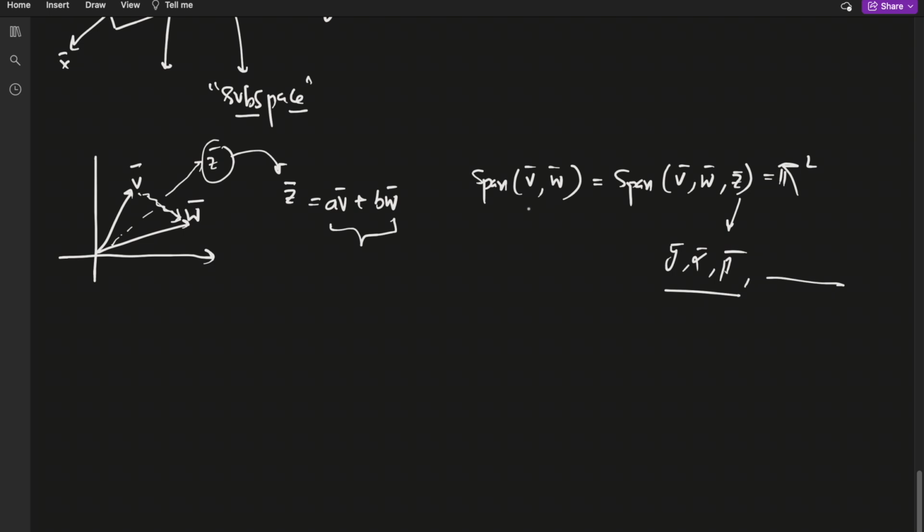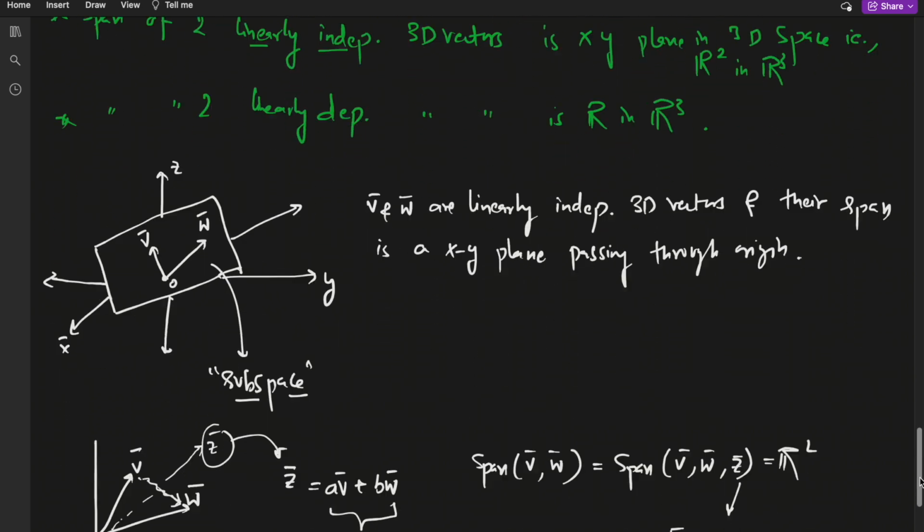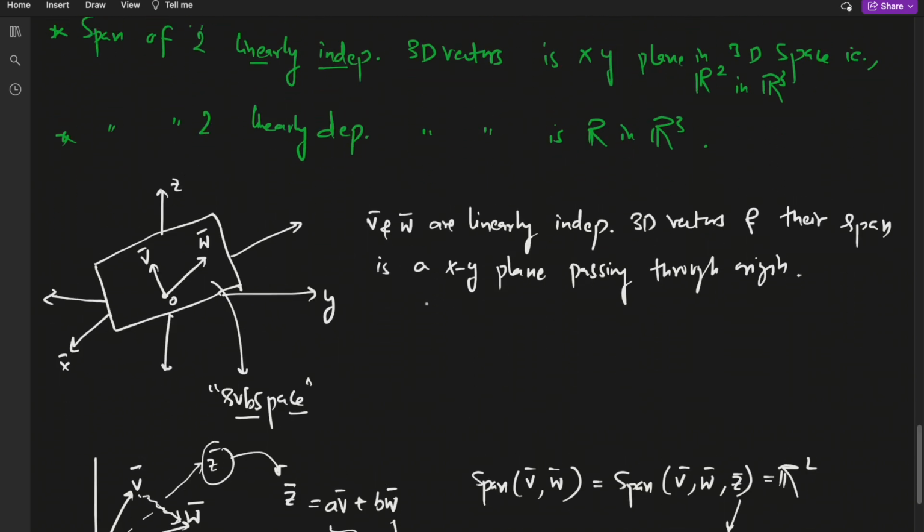All right, but let us suppose in this scenario we have v and w, which are 3D, right? Here I will add another vector z, and this z is not a linear combination of v and w. What does that mean?